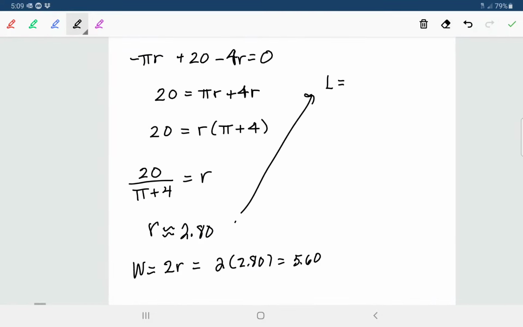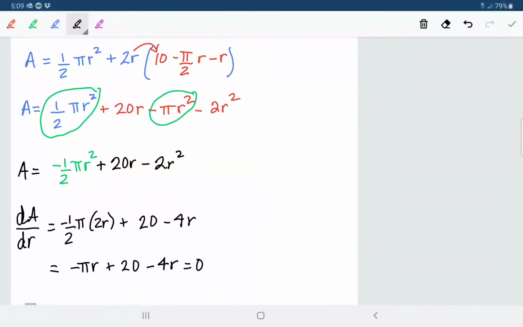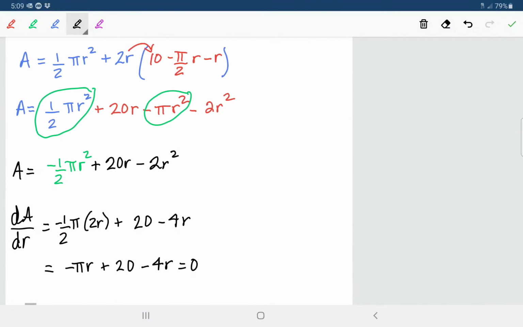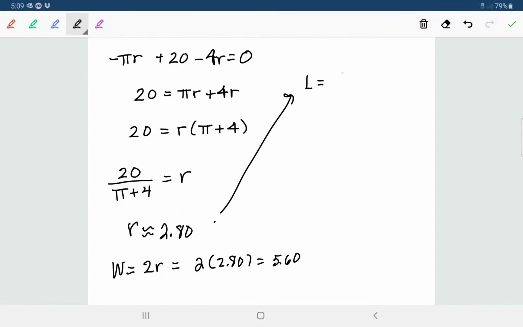And then lastly, we can find L. L was equal to 10 minus pi over 2 r minus r. We'll just use the value of 2.8 for r, so 10 minus pi over 2 times 2.8 minus another 2.8.